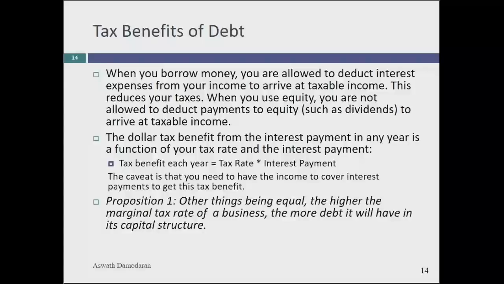I would expect German companies to carry a lot more debt than Irish companies. Why? Because the marginal tax rate in Ireland is much lower than the marginal tax rate in Germany. I would expect Ryanair to be the least levered airline in the world, which it happens to be. One reason is the tax benefit of debt is so much lower in Ireland than in the rest of the world. So the tax benefit of debt is a function of your marginal tax rate.